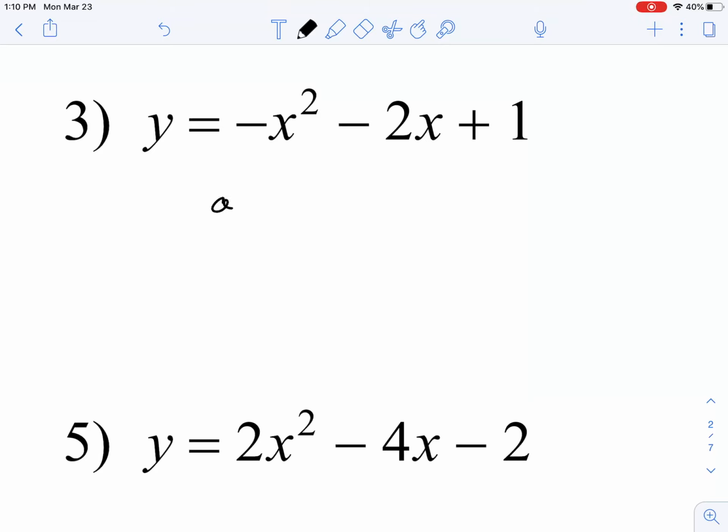So again, we're working with A, B, and C. What is our A value? We should get -1. Our B value is -2, and our C value is +1. Color coordinate those. That's how I found those.